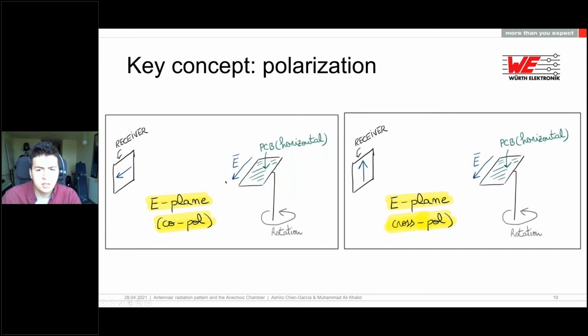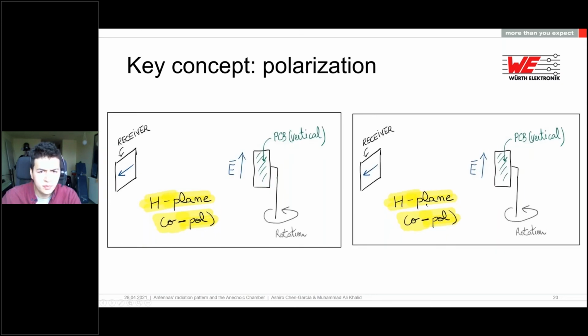On the left side, we have the copolarization, and the right side, it's wrong, sorry, but it should be the cross polarization. The receiver would be rotated 90 degrees to have the cross polarization, as before with the E plane, but in this case we are measuring the H plane.